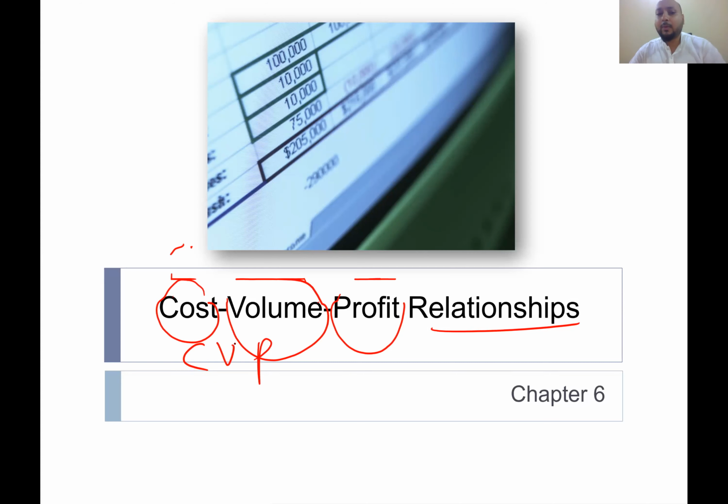Up till now, what we have learned throughout the previous discussions is what if you increase the cost, what would happen to the profit. The focus of CVP analysis is what if we change cost, what will happen to the profit? Or what if we change volume? Or what if we change cost and volume both and want to see the impact on profit?